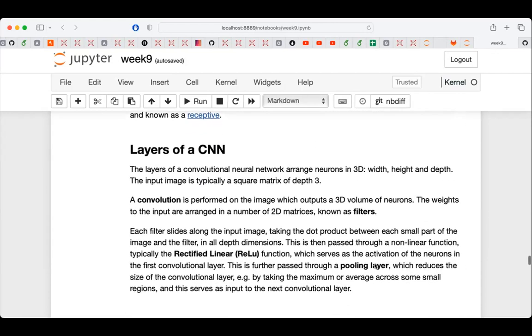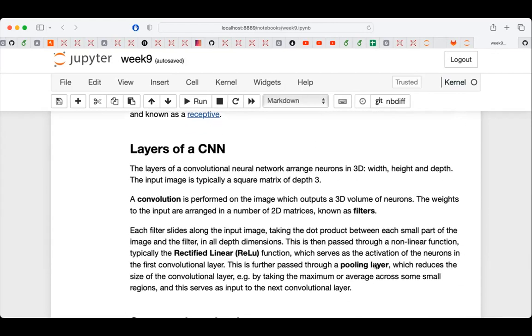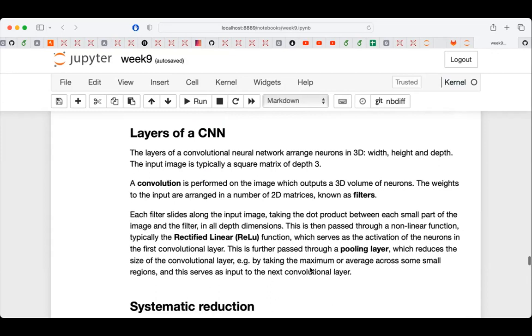So the layers of a convolutional neural network then, as we have been discussing, you have the filters, you have the rectified linear unit, and then you would have a pooling layer. And that reduces the size of the convolutional layer by taking the maximum or average across some small regions. And that serves as an input to eventually the next convolutional layer.